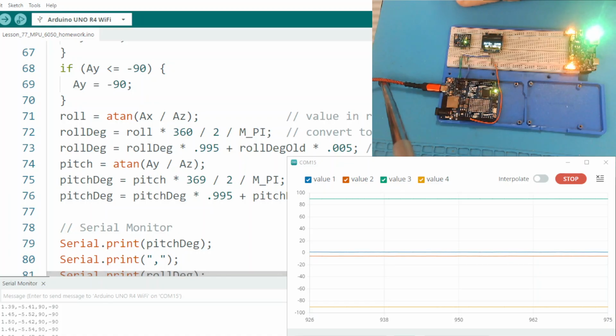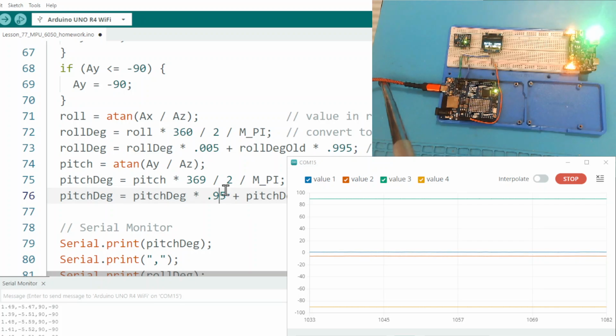And wait a minute, I got that backwards. This should be over here because that's the new value. Get that. Zero. And then I want to put 0.995 there. And same thing goes down here.